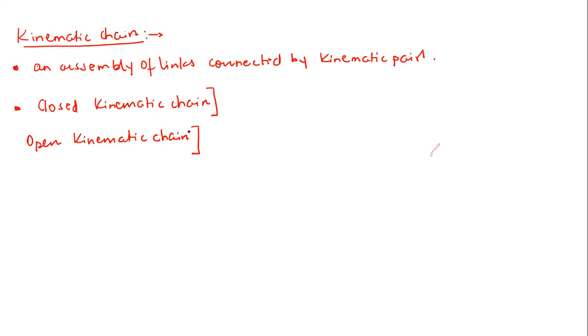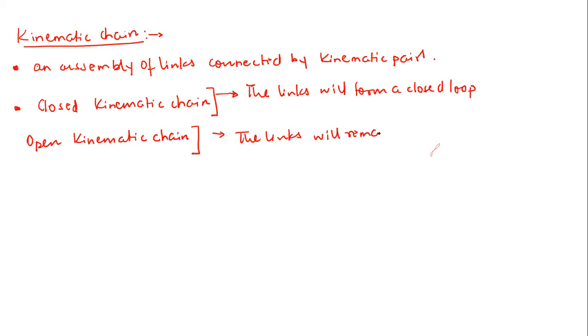As the name suggests, the links will form a closed loop. And in an open kinematic chain, the assembly of links will remain open. So this is very easy.